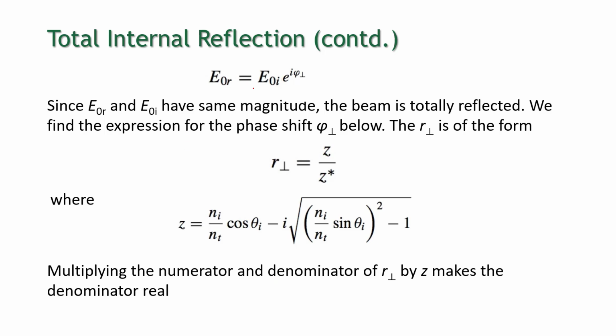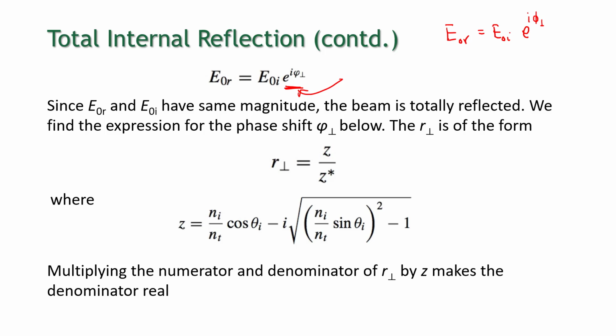So that means we know that EOR and EOI are the same magnitude wise, but phase wise they have some phase difference, and we use this to represent that phase.